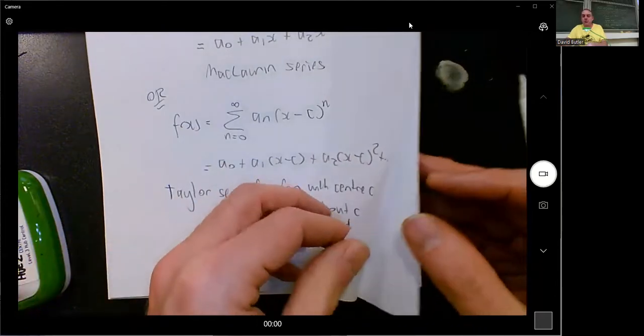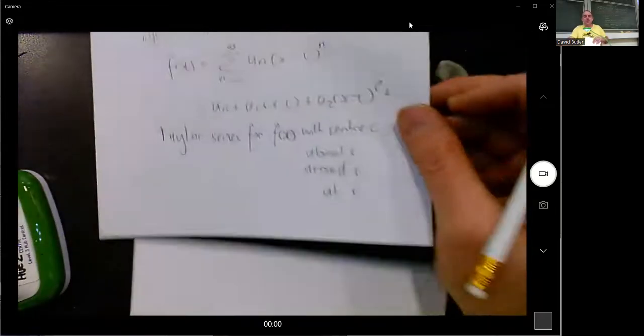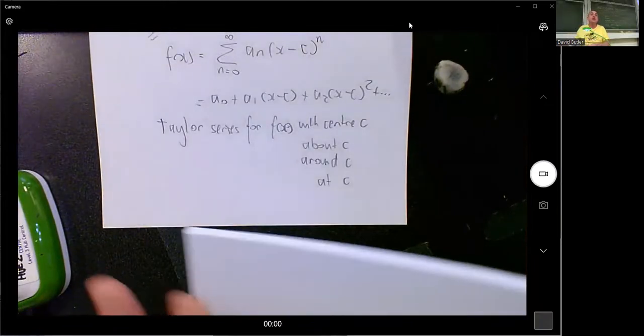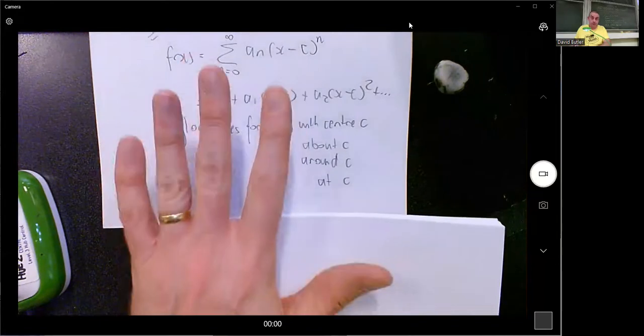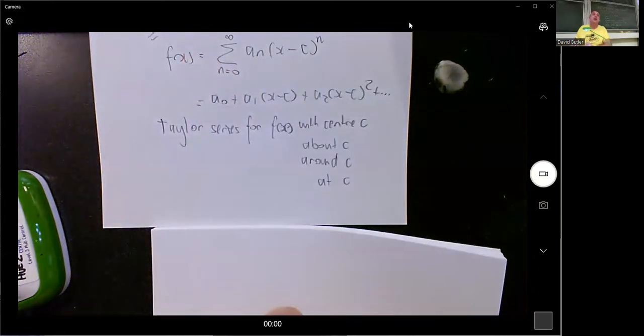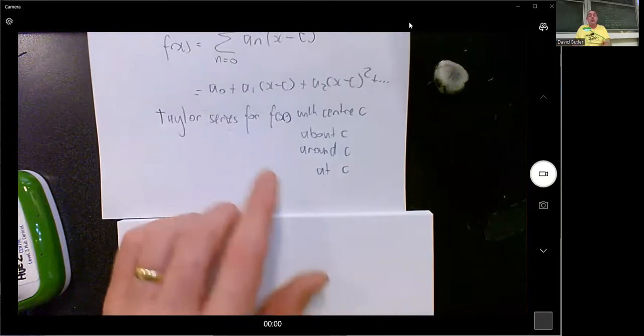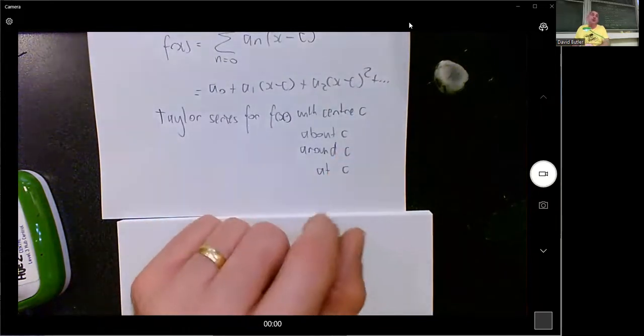All right, cool. So the first thing to know is that if a function has a Taylor series, not all functions can be written this way. That's just pointing it out now. Doesn't work for every function. But for all the functions we care about, it does work. Not all functions can be written this way for every possible c.